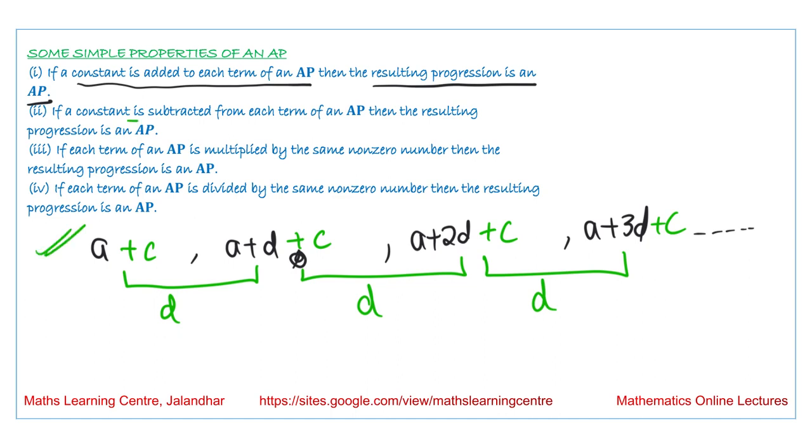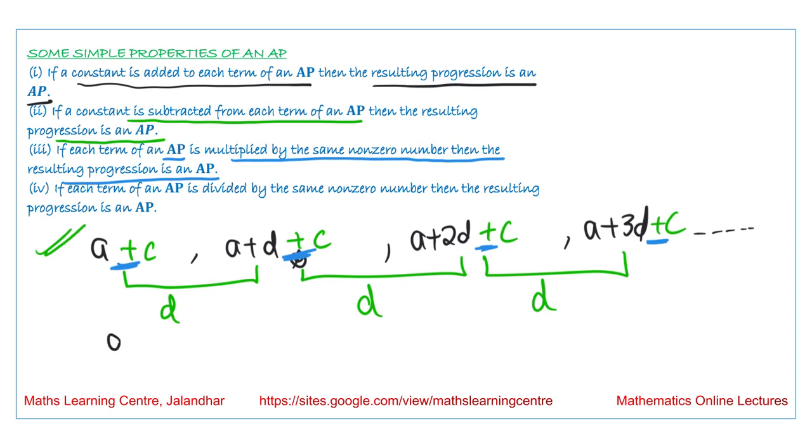Second, if a constant is subtracted from each term of the AP, then the resulting progression is an AP. So in place of addition, if we subtract this value C from all these terms, again it is an AP. Third, if each term of an AP is multiplied by the same non-zero number, then the resulting progression is an AP.